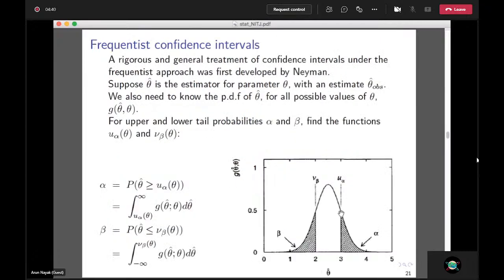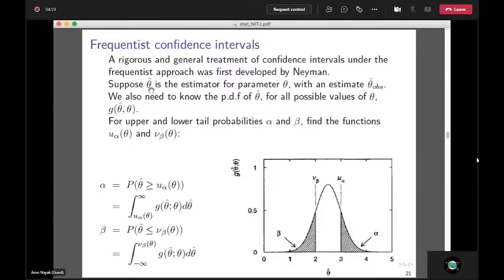Now, first let's discuss the frequentist confidence intervals. The first rigorous and general treatment of these confidence intervals under this frequentist approach was developed by Neyman.